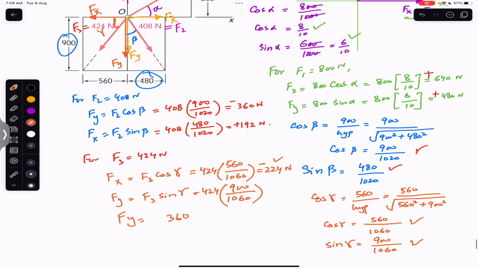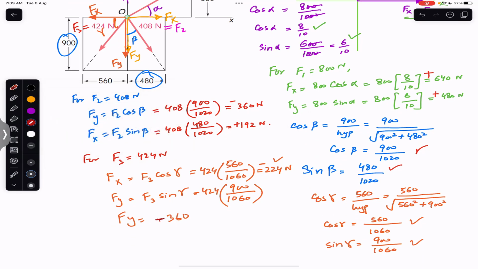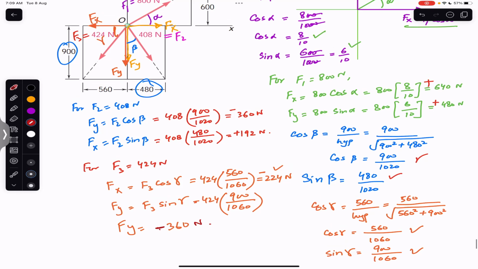So this is minus 360 Newton. So these are the f of x and f of y components of f1, 800 Newton. These are the components of f2, 408, and these are the f of x and f of y components of f3.